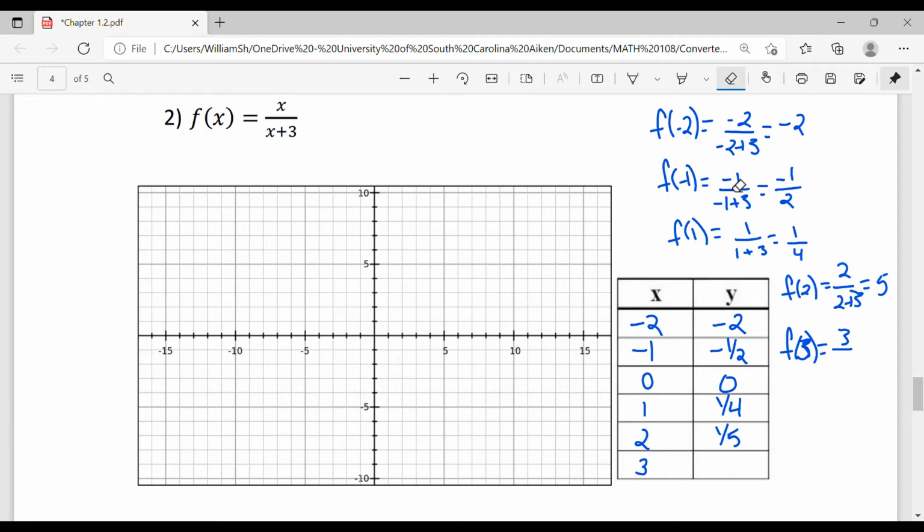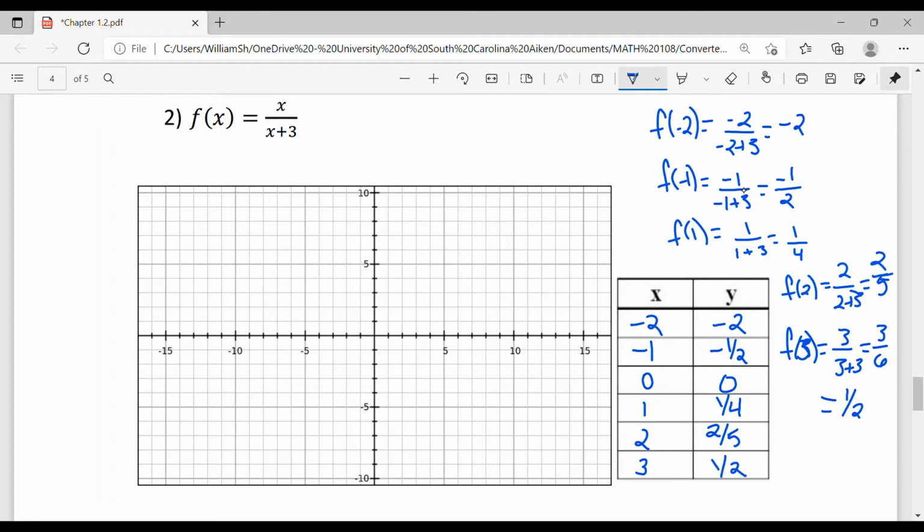Error. Hope one of y'all called me out on that. Like, hey, Mr. Shipes, that's supposed to be a 2 over 5, not a 1 over 5. You are indeed correct. So let's fix that real quick. So f of 3 is 3 over 3 plus 3. 3 plus 3 is 6. So I get 3 over 6, which is the same thing as a half.